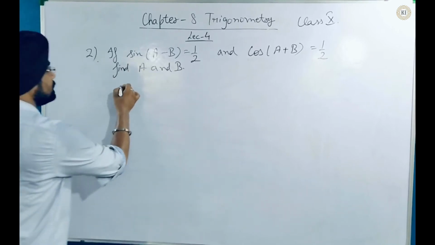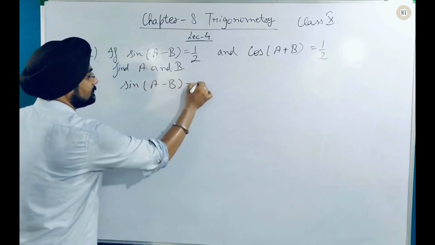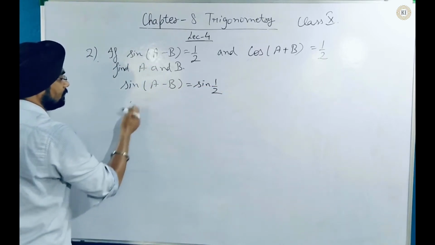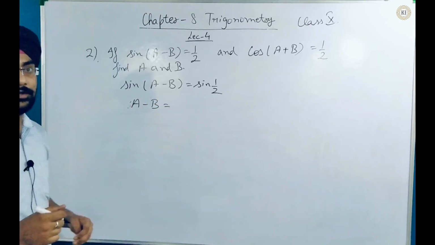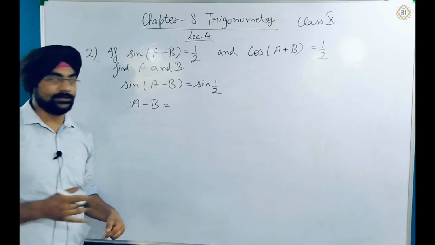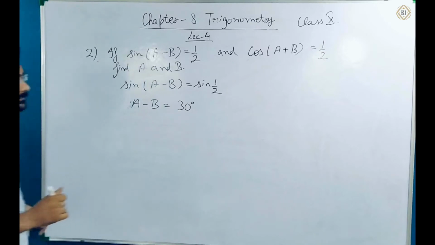So again we will do the same thing. Sine(a minus b) is equal to sine 1 by 2. So sine 1 by 2 value is coming in which case? Sine 30 degree, the value is 1 by 2. So we write here 30 degree.